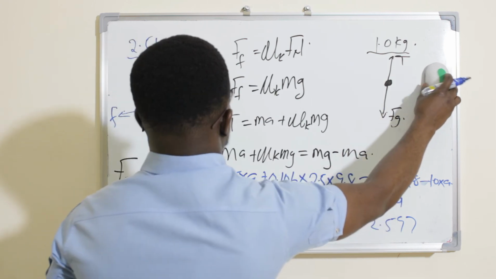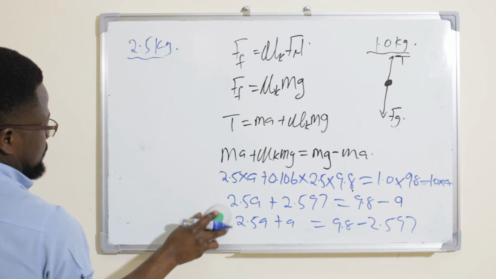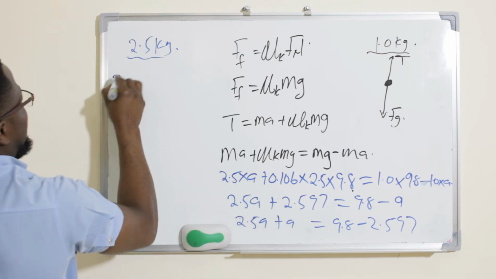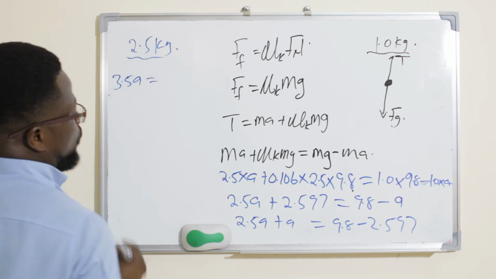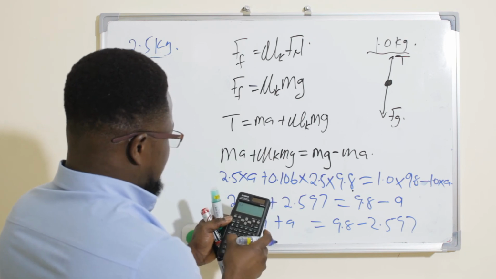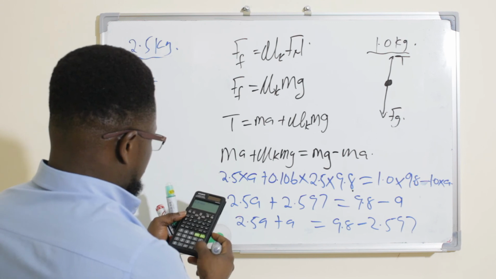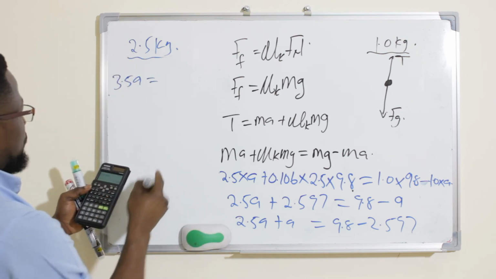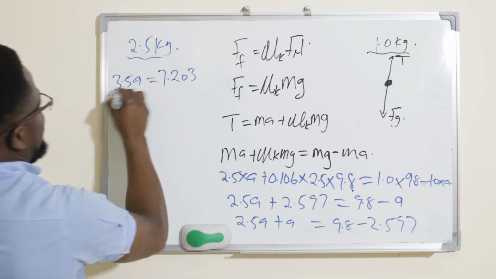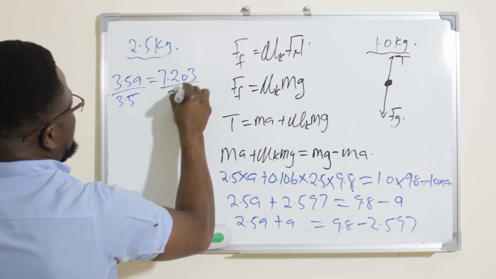And let's see what we're going to have. This gives me 3.5A is equal to 9.8 minus 2.597, and that is going to give us 7.203. And I'm looking for A, so I will divide through by 3.5.